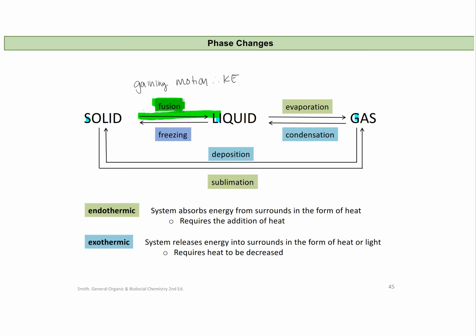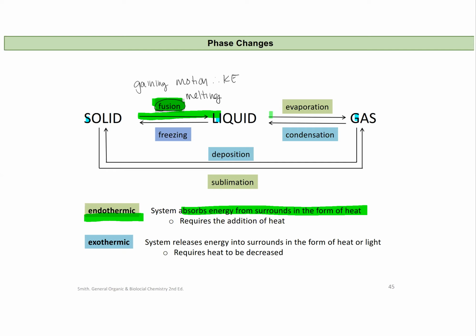And so this requires inputting energy. To gain that kinetic energy, it has to come from somewhere. And so the system is endothermic. Just like an endothermic chemical reaction, it's going to absorb energy from its surroundings to go from a solid to a liquid. And the name of this is called fusion, although most of us know it by melting, which also works.